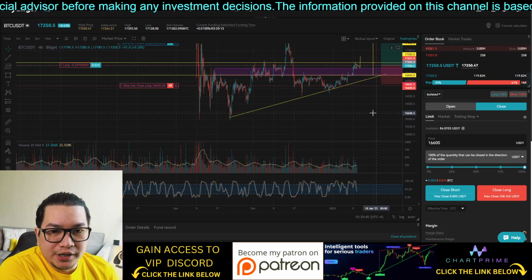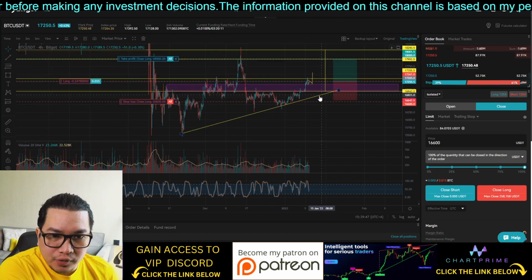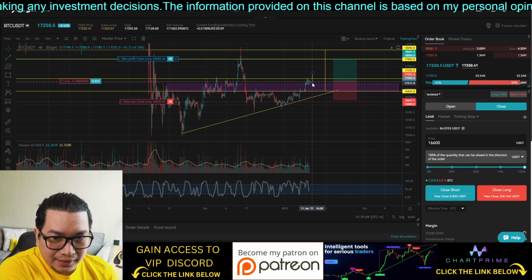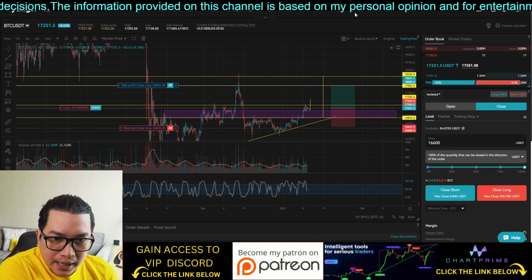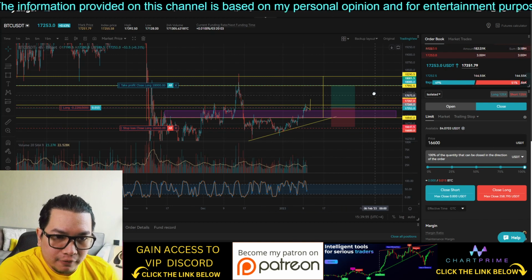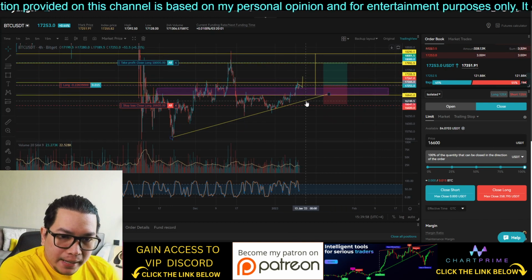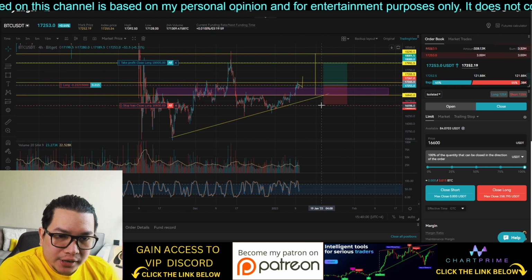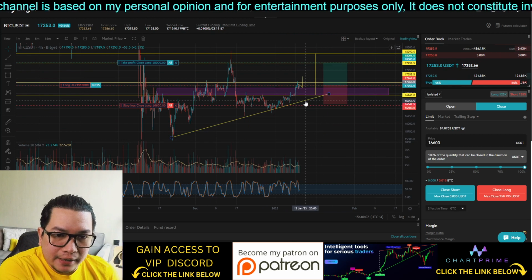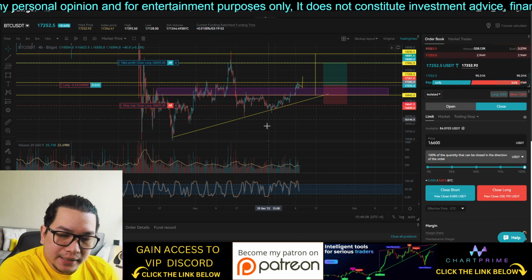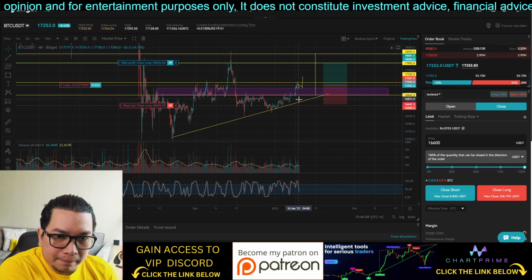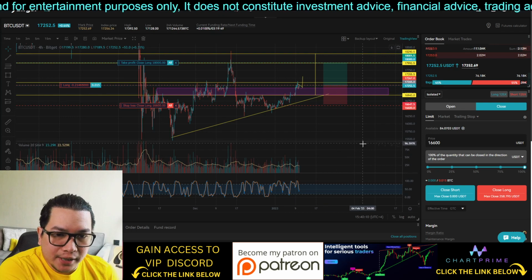So a possible retest of the support trend line is likely at around this level, but I'm expecting a breakout play. If ever Bitcoin goes back to this point, my stop loss is still safe, and if we break the support trend line, then it is likely that Bitcoin will probably change its direction to the downside.